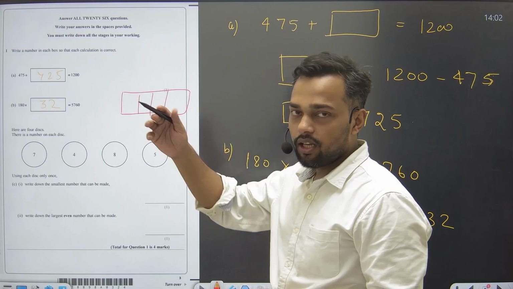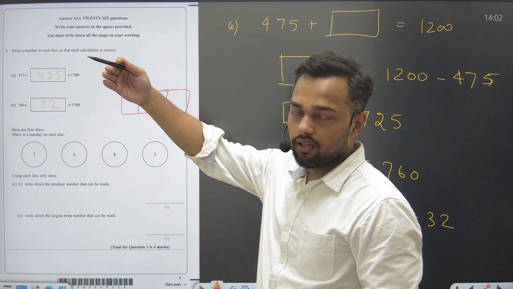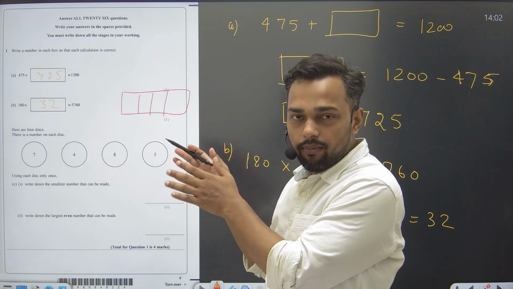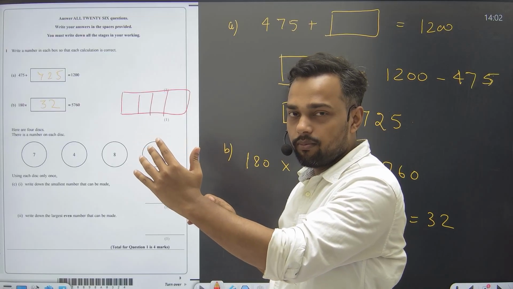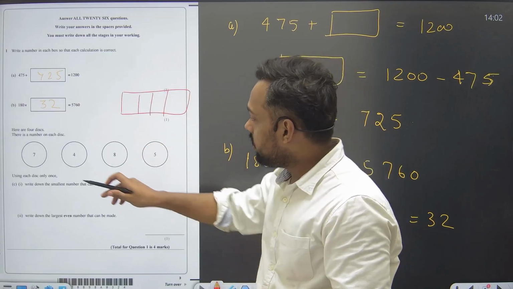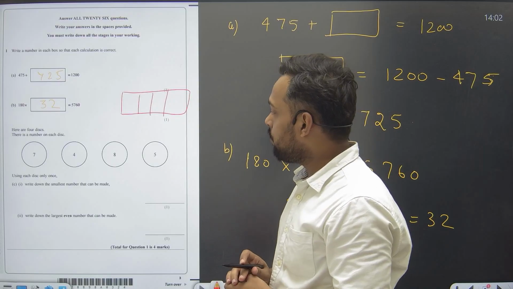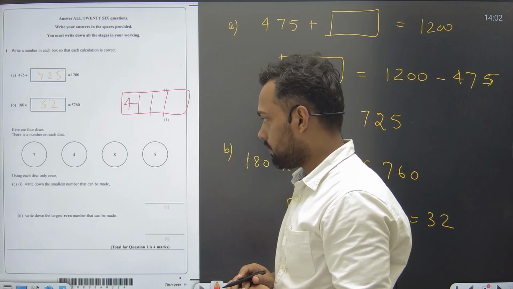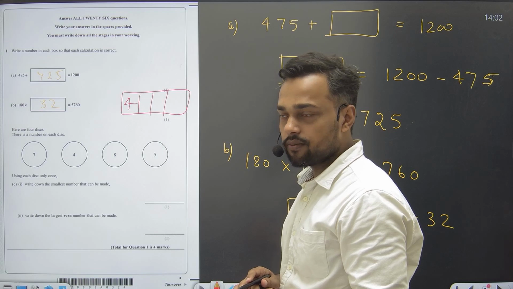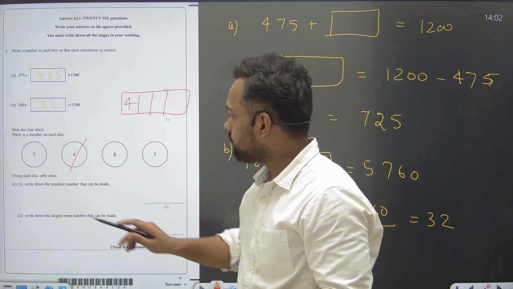Similarly, whatever numbers are left, again we need to sort out the smallest number and fill it. The smallest number in 7, 4, 8, 5 is 4, so we'll plug 4 in the thousand place. Now 4 is cancelled.